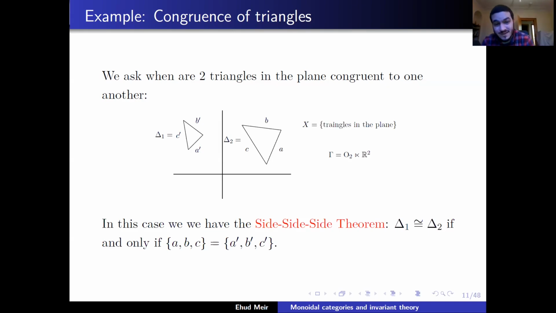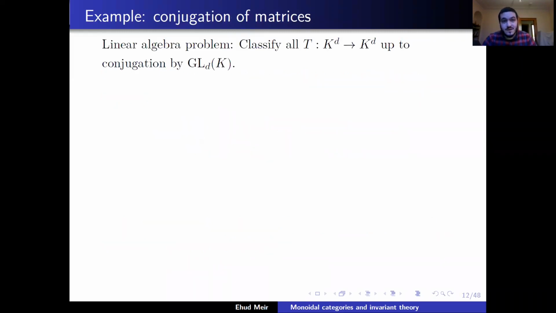In this case, we have the well-known side-side-side theorem, which tells us that Δ1 is congruent to Δ2 if and only if the set of sides {a, b, c} is equal to {a', b', c'}. So in other words, we do get in this way a set of numerical invariants that enable us to say exactly when two things are congruent and when they are not.